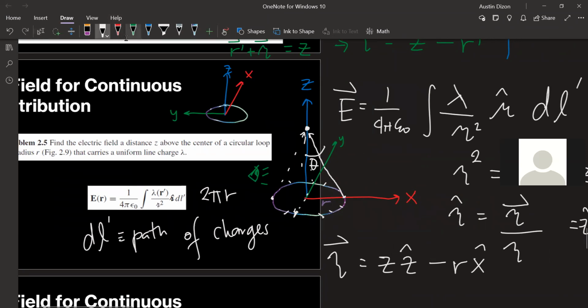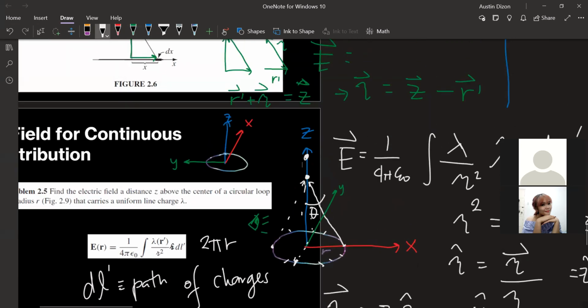If I'm here at this point, does the circumference change? Danny, are you there? Hello po. Yung circumference po nung path, hindi naman po yata kasi nagsistay po siya na ganon. Okay, tama. Hindi magbabago yung circumference natin as we go along Z.